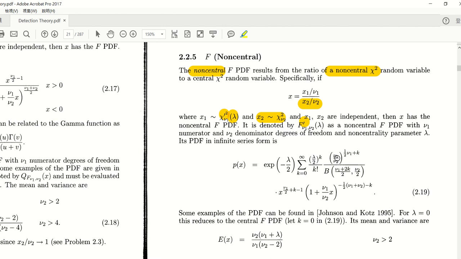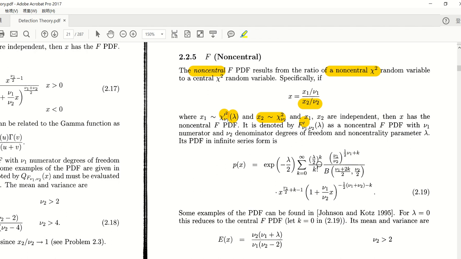And then the Bessel function, with parentheses of 1 over 2 V1 plus k, multiplied by x. x is the argument of the function, V1 is the defined degree of freedom, V2 is the degree of freedom, and k is the index. So everything is defined. It's a little bit complicated.